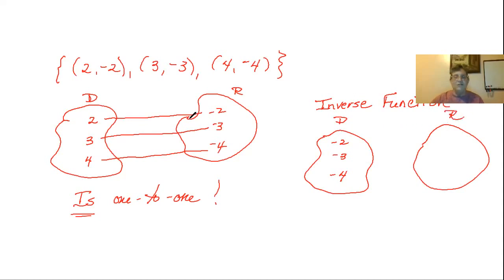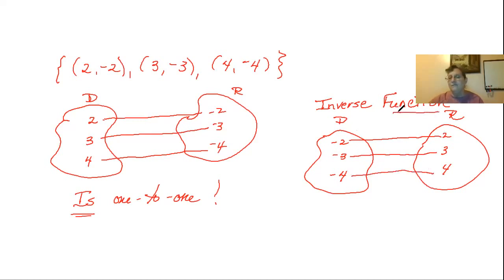The range would now be the old domain, 2, 3, and 4. And where the domain before mapped from 2 to -2, the inverse will map from the -2 to the 2. Before, the domain took a 3 and spit out -3, and for the inverse, the -3 has to spit out the 3, and so on.